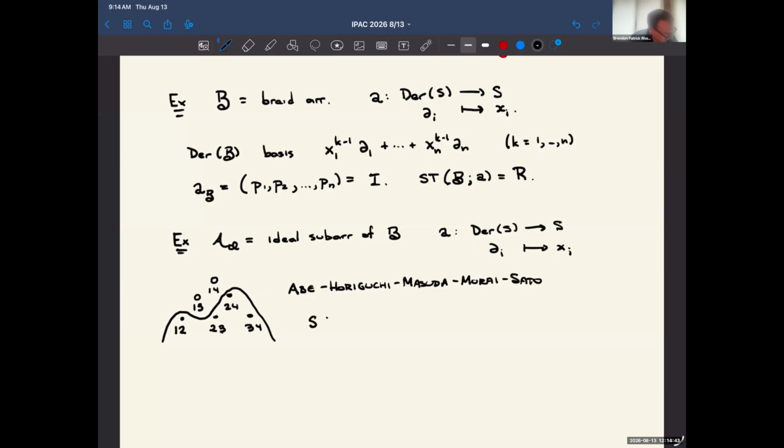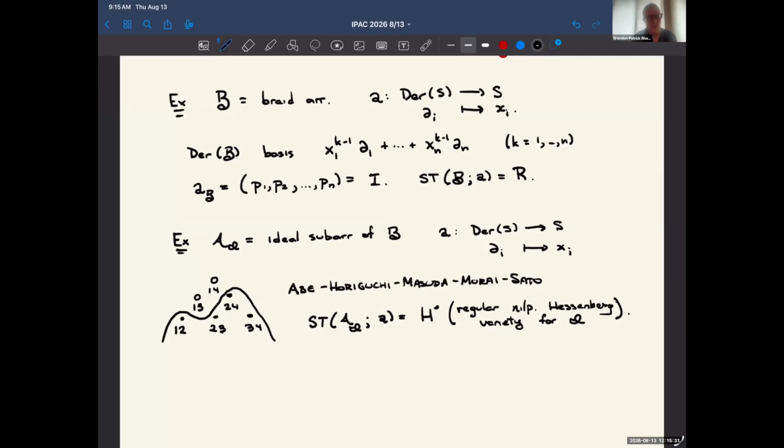That if I look at the Solomon-Terao algebra in this case, what I get is a presentation of something called the regular nilpotent Hessenberg variety of type A associated to the root ideal I. So this theorem, if you look at the paper of Abe, Horiguchi, Masuda, Murai, Sato called Hessenberg varieties and hyperplane arrangements, is not stated in this language.